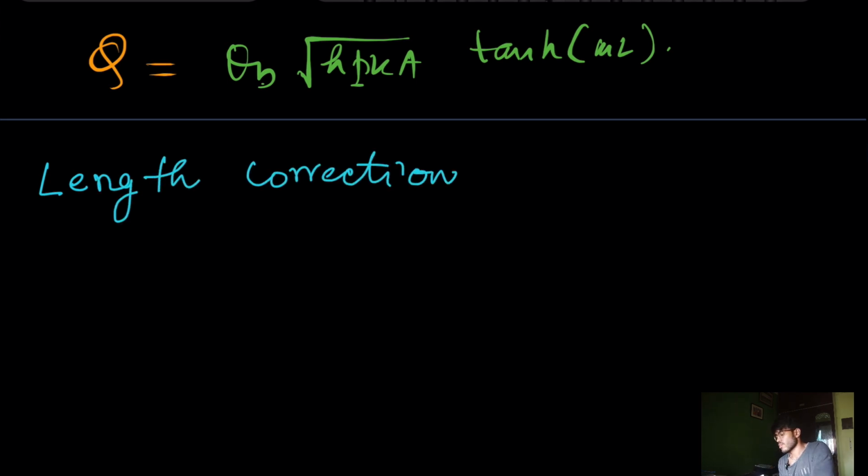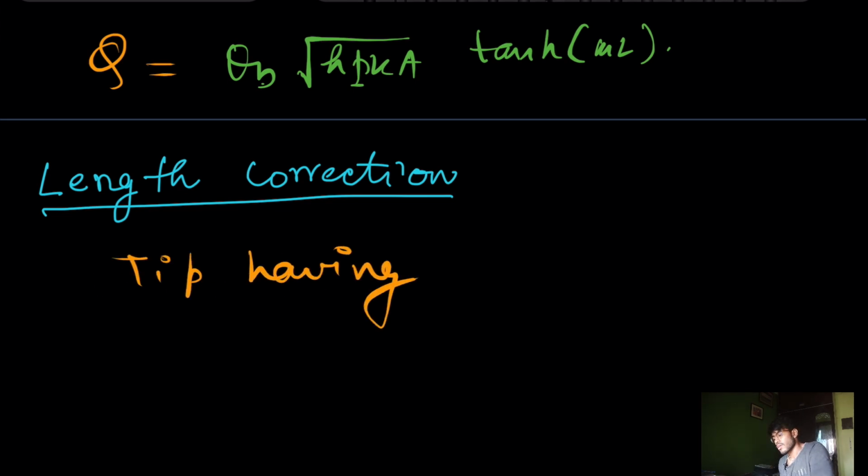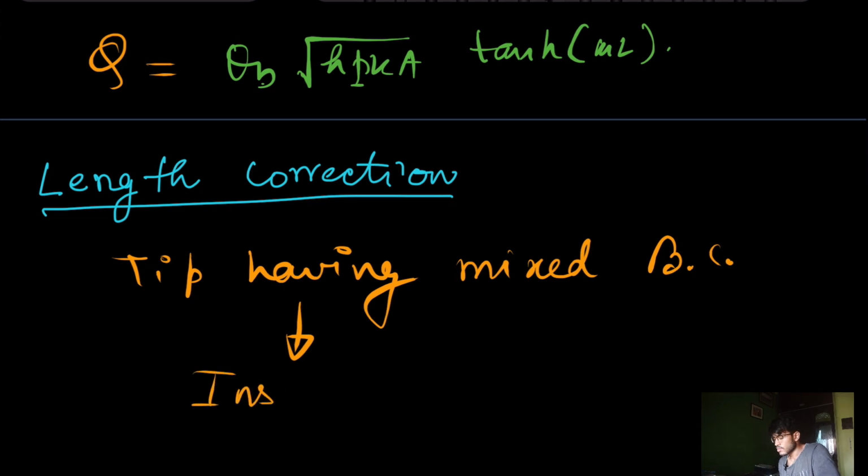This length correction will do what? It will convert the convection tip, having a mixed boundary condition, to an insulated tip.